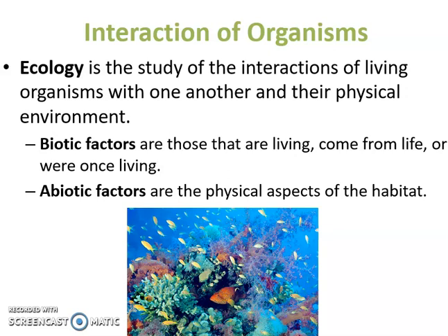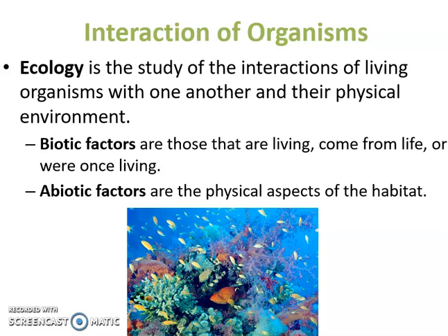We could talk about a dead log that has fallen in a forest. We could also talk about the waste that is given from an organism. And then abiotic factors, those are the physical things of the environment. So water, weather, rock, soil, and those things that, although they're not living, certainly have an influence on the environment.